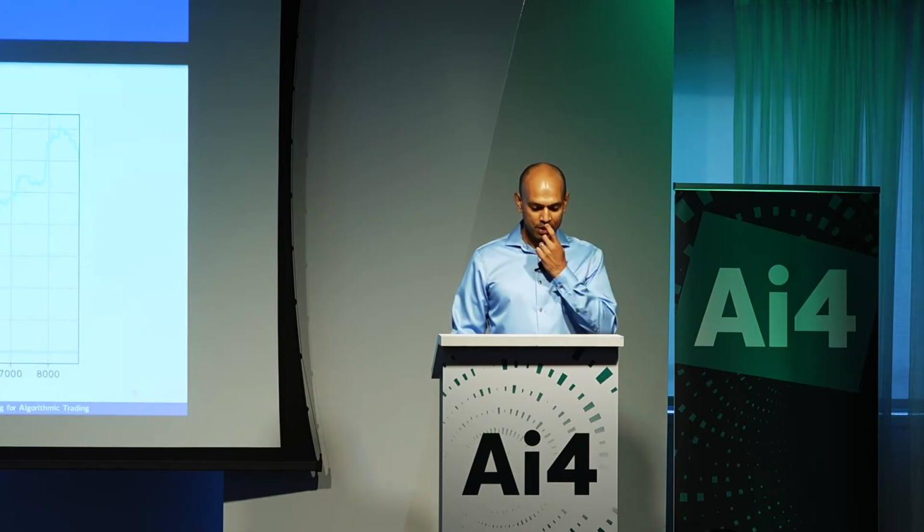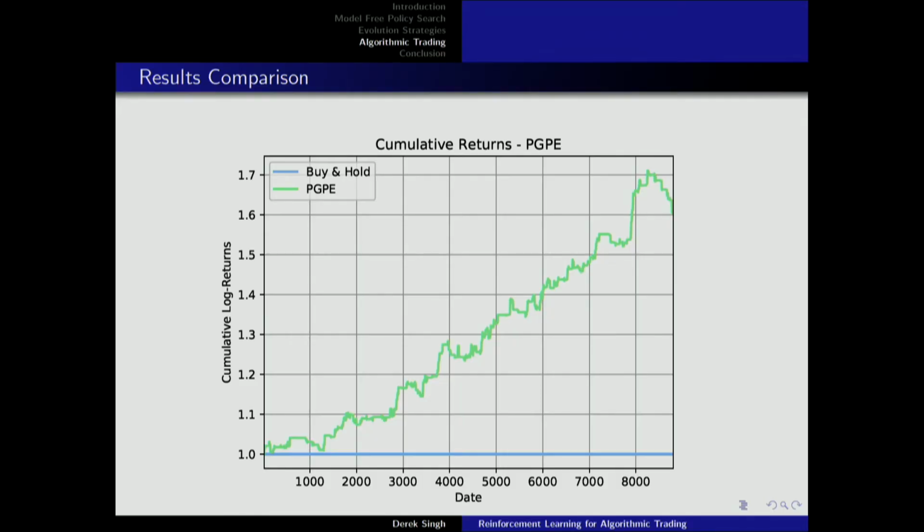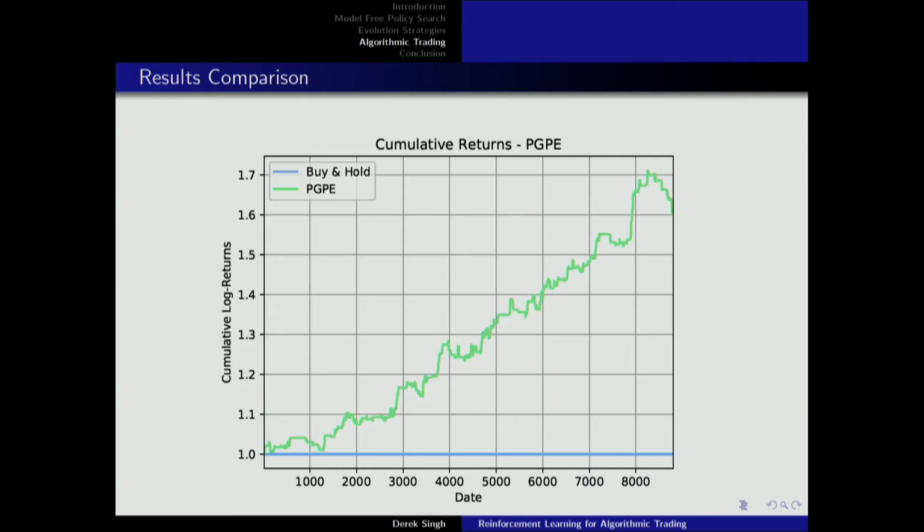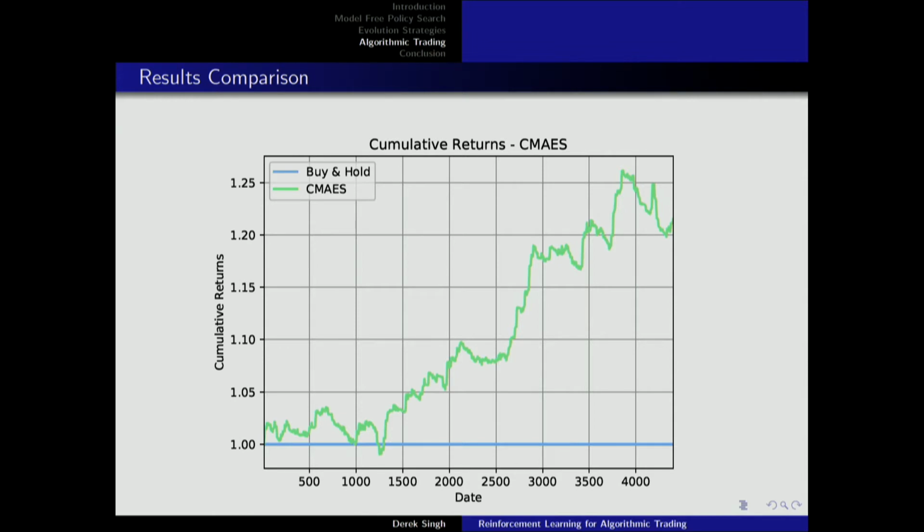Okay, so PGPE, again, produced really quite good returns, say 60, 70%. Not quite as strong as FEM, but nonetheless very respectable. And so this was the surprise for me, actually, that the most sophisticated algorithm really didn't do that well. This was a real head scratcher for me, and honestly, it has been for quite some time.